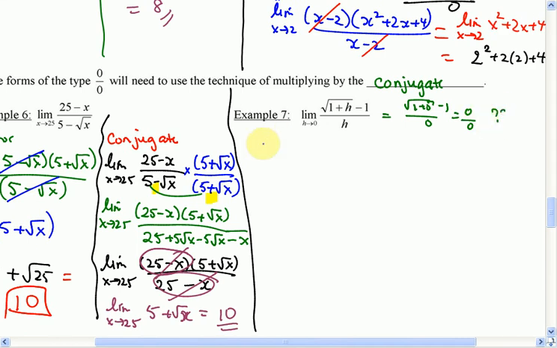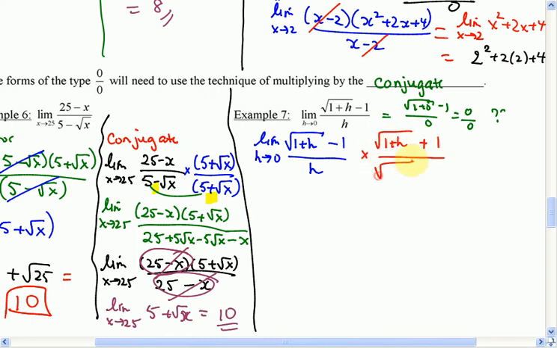So let me get you started off, and then I'm going to ask you to try to finish it off. Find the limit of the square root of 1 plus h minus 1 all over h. And if you're curious what the conjugate is going to be, it's the same part as the root, but with a plus. You finish this one off, pause the tape, and then come back when you're done.